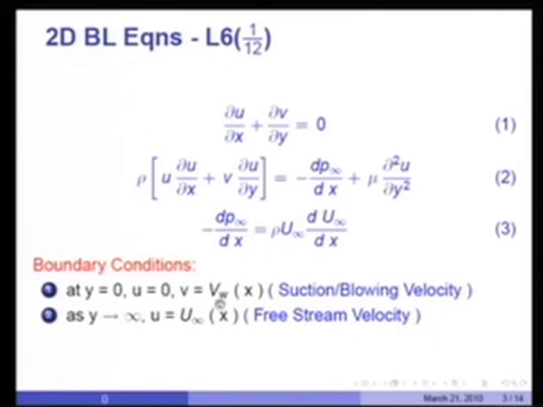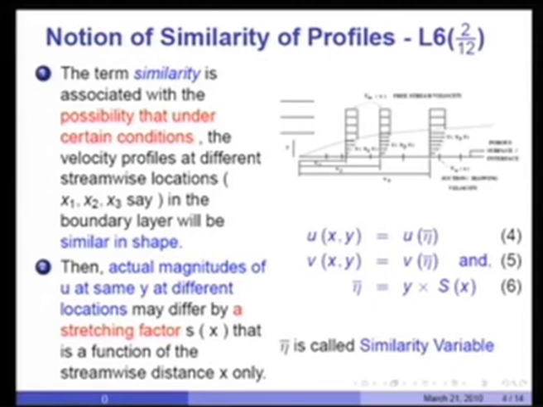So, we have two variables here, v w as a function of x and u infinity as a function of x, and u infinity as a function of x of course represents the pressure gradient according to equation 3 here. So, what is the notion of similarity profiles?